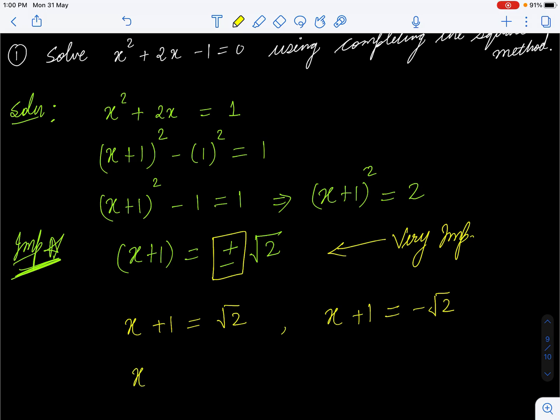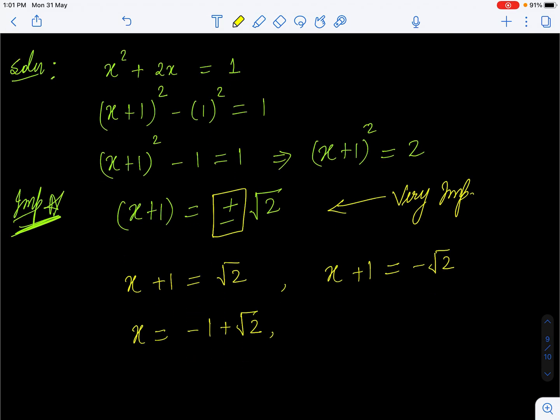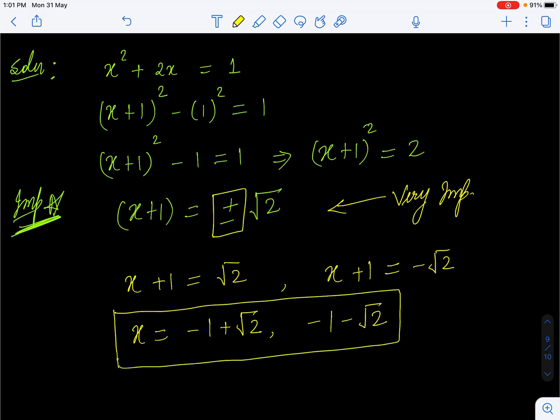Then our answer directly will be, we will subtract 1 on both sides, which will give me minus 1 plus root 2, my first answer. And my second answer will be minus 1 minus square root of 2. So this will be my answer if the question says you have to find the exact value.